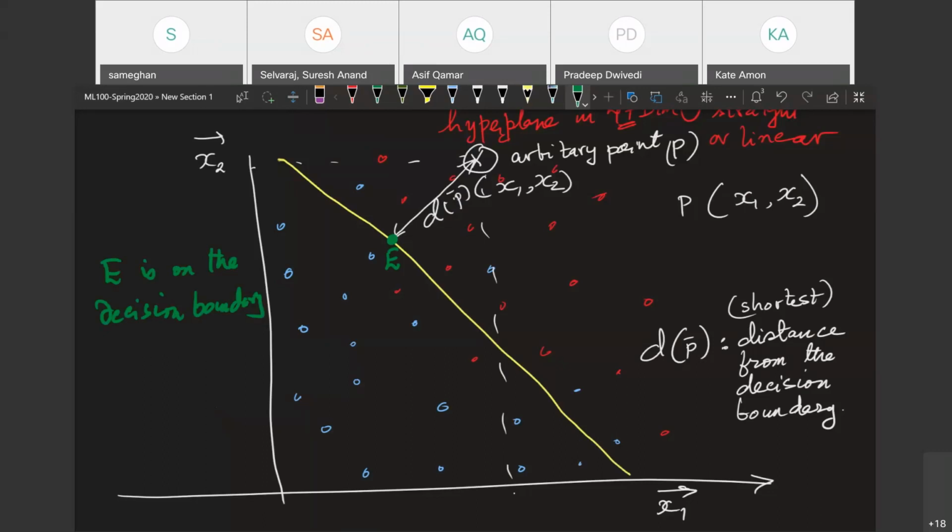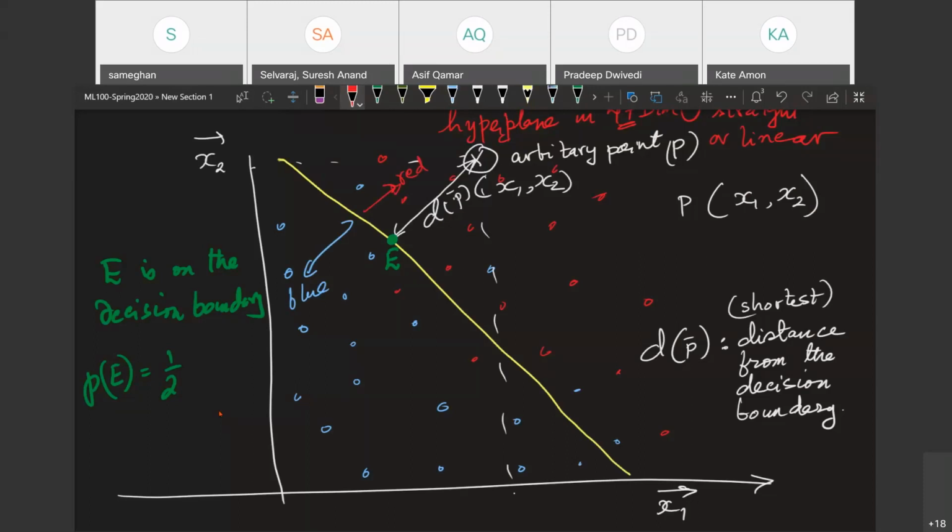You would say that the probability of E by definition is half, that it's a red berry. It is equally likely to be a blueberry. That is the literal definition of a decision boundary, because by definition, on this side it's blue, on this side it is red. Do you see that, guys? And so there is a point at which you're not sure whether it is blue or red. It's literally sitting on the decision boundary.